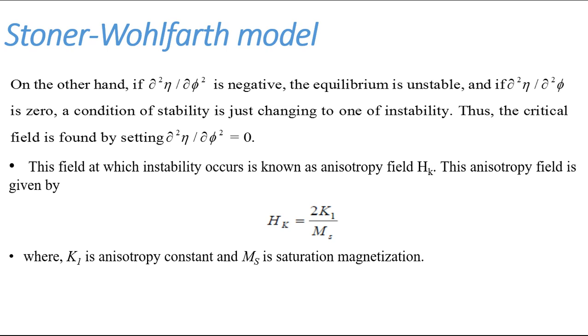The field at which the instability of the magnetization occurs is known as the anisotropy field, and it is calculated as hk equal to 2K over Ms. Due to this anisotropy field, you can have hysteresis in your model.